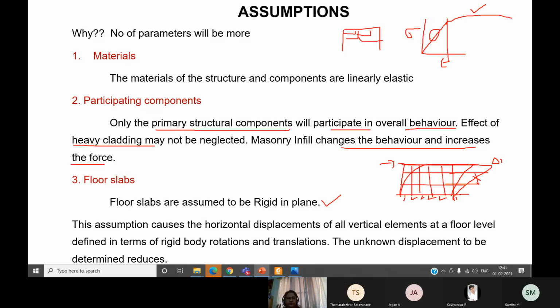If I assume that the floor slab is rigid, there is only one delta at the top level, and another delta 2 here. Altogether we say that there is only one deformation at each floor level, then a 2nd one, a 3rd one. You take only 3 deformations. If this assumption is not there, you have to take a multiple number of deformations.